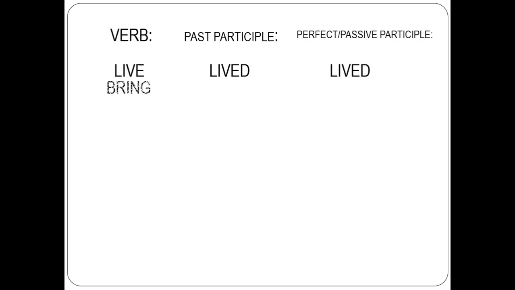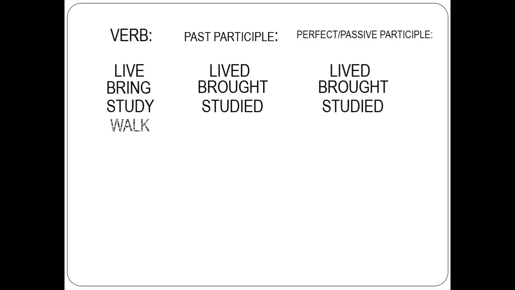Live, lived, lived. Bring, brought, brought. Study, studied, studied. Walk, walked, walked. There's no difference between the two kinds of verbs. The past participle verb is used for the active voice, and the passive participle verb is used for the passive voice. And it's also used for the perfect tense. That's why we can also call it the perfect participle.